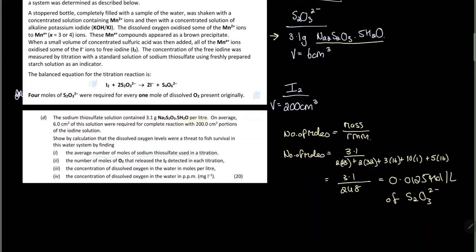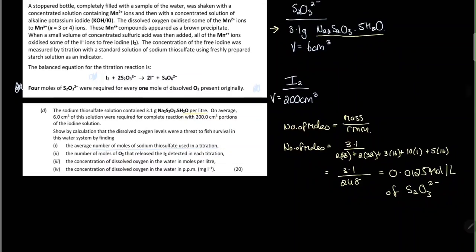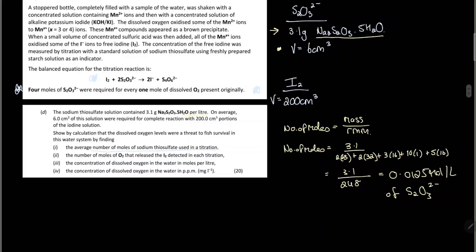Now it says the average number of moles used up in a titration, so that's in per litre. I don't want a litre. In the titration, the average amount was 6 centimeters cubed only. So I want 6 as a fraction, only 6 centimeters cubed out of the litre, which is 1,000 centimeters cubed, and I'm going to see how much moles are in that.